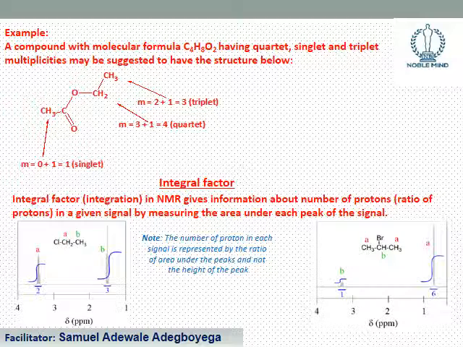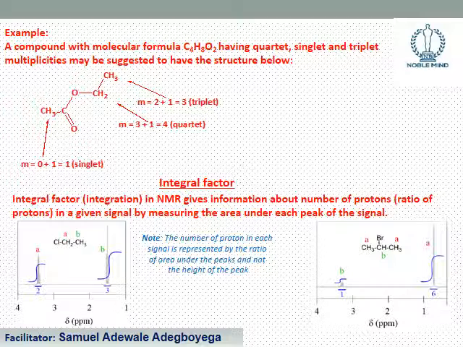So when you are checking the different signals, forget about the number of protons that could be there; you can know the number of neighboring protons by judging using the peak splitting. But to know the number of protons, I repeat, you have to do that by measuring the area under the curve, which is called the integral factor or integration.